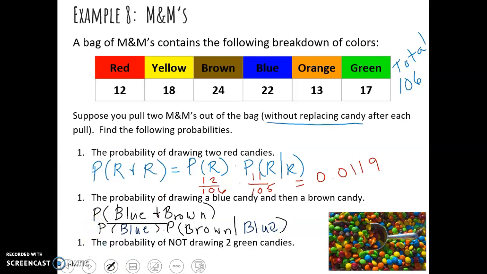All right, so the first one being blue will be 22 out of 106. And the second one being brown, there's still 24 brown, but now it's only out of 105. So 22 out of 106 times 24 out of 105 gives us 0.0474.